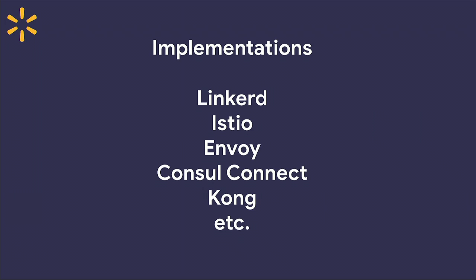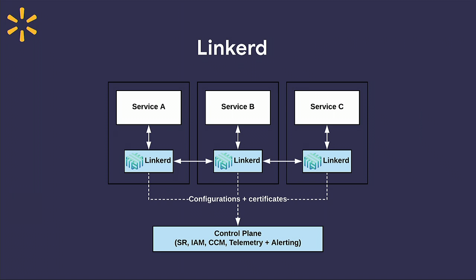Now, for us, since we were very early to the game with this particular solution, we essentially adopted the first service mesh that came out, at least that we knew of, and that was Linkerd.